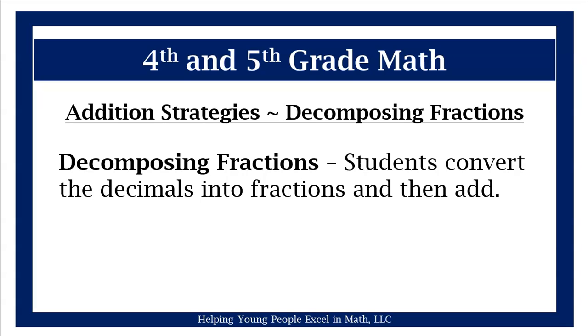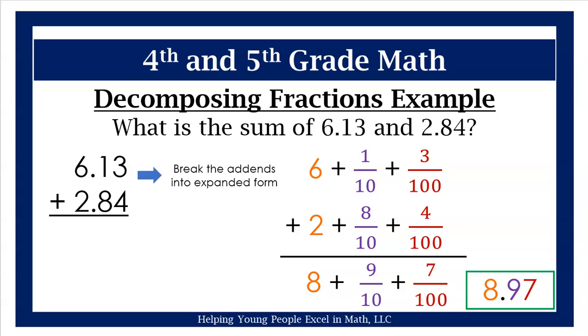The next strategy we will discuss is decomposing fractions. Students convert the decimals into fractions and then add. Let's look at an example. For our numbers, we have, again, our word problem. What is the sum of 6.13 and 2.84, or 6 and 13 hundredths and 2 and 84 hundredths?